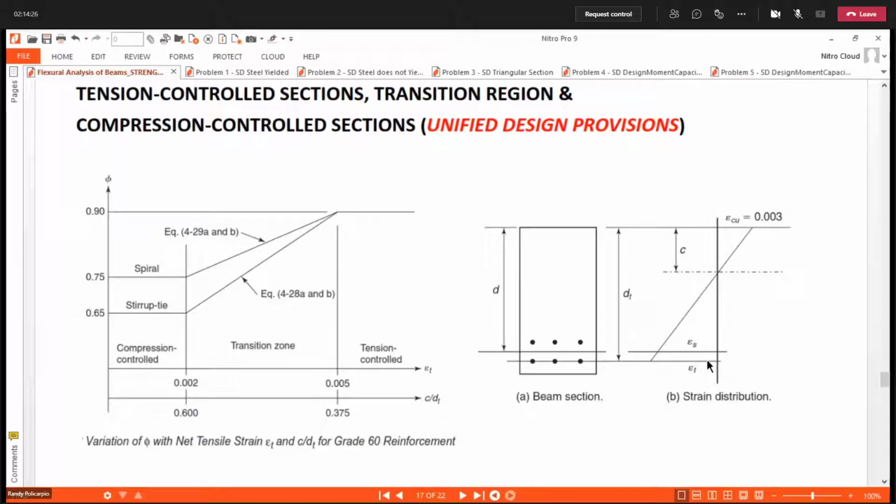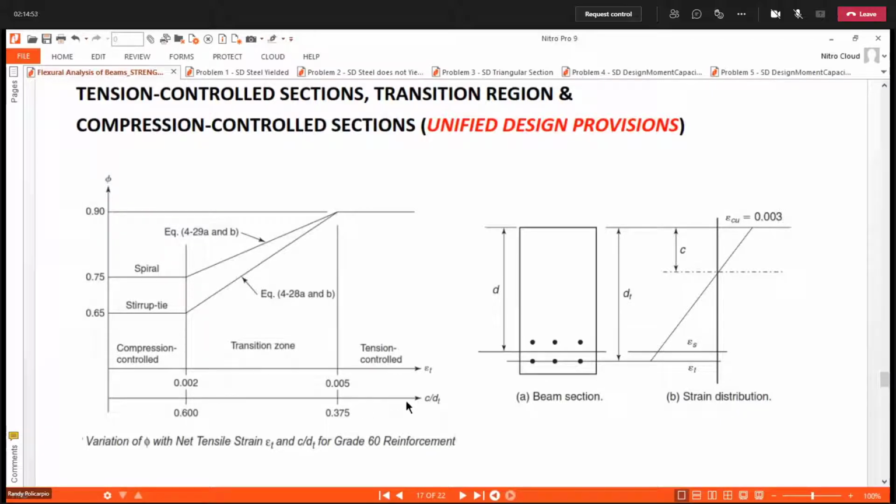So mamaya makikita natin yung equation on how to solve epsilon t. Okay, so if epsilon t is equal or greater than 0.005, ang section natin ay tension control, and it has a strength reduction factor equal to 0.90.